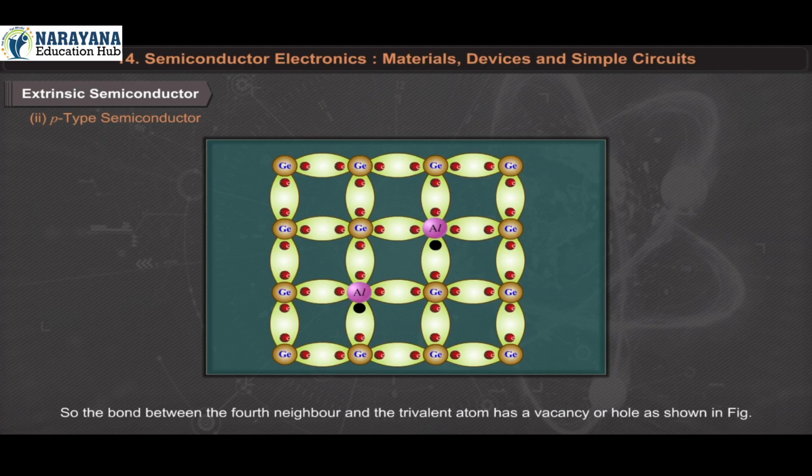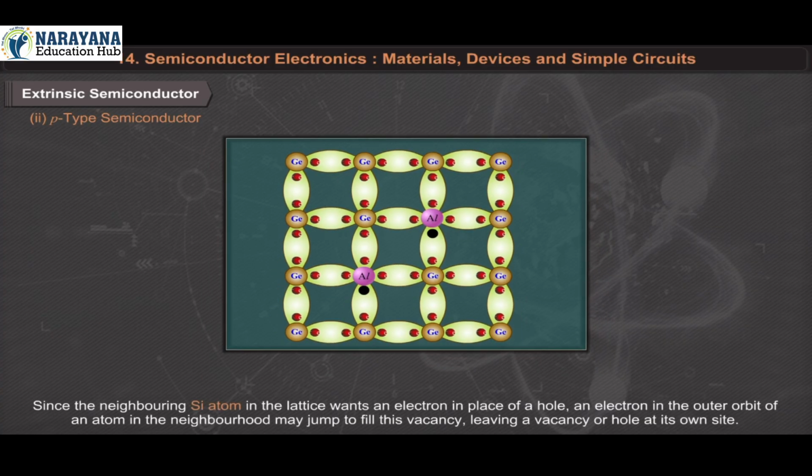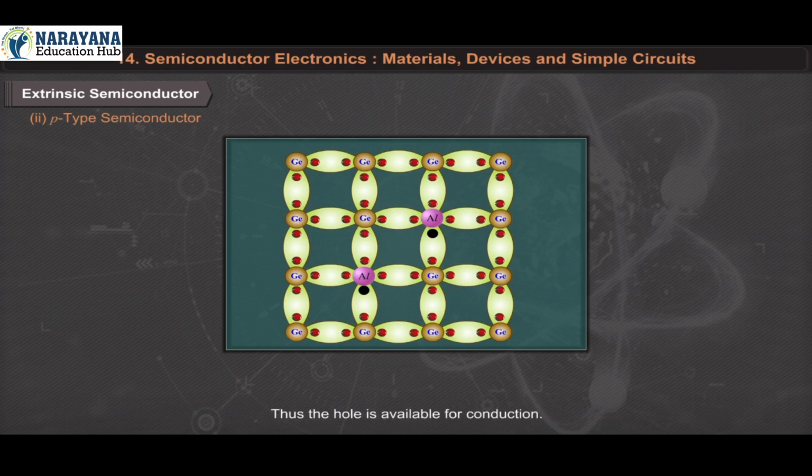So the bond between the 4th neighbor and the trivalent atom has a vacancy or hole, as shown in the figure. Since the neighboring silicon atom in the lattice wants an electron in place of a hole, an electron in the outer orbit of an atom in the neighborhood may jump to fill this vacancy, leaving a vacancy or hole at its own site. Thus, the hole is available for conduction.